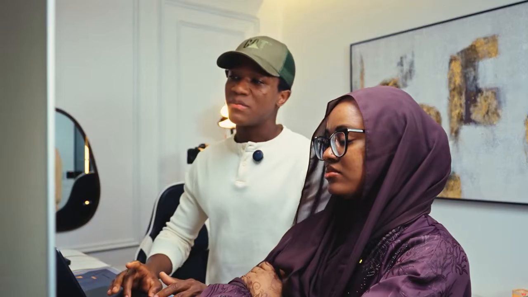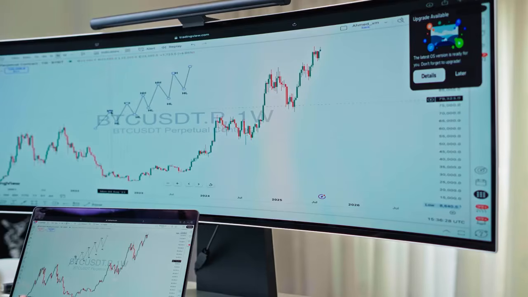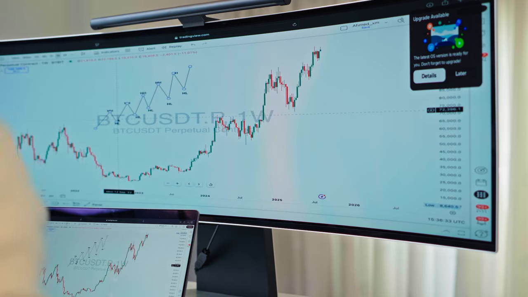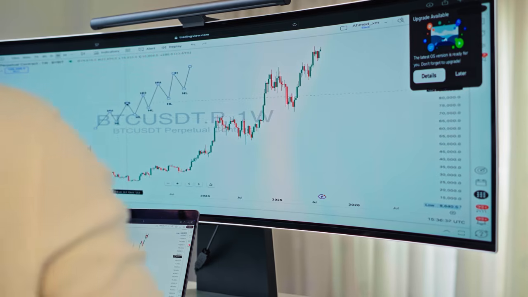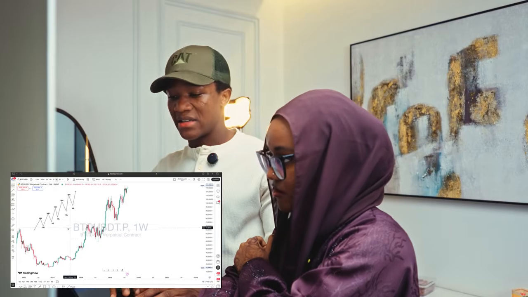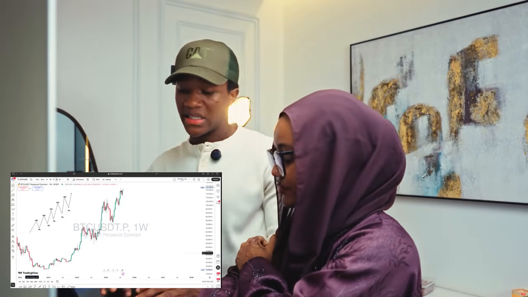So that higher low is the place where sellers push the market to the downside, then buyers will push the market to the upside.